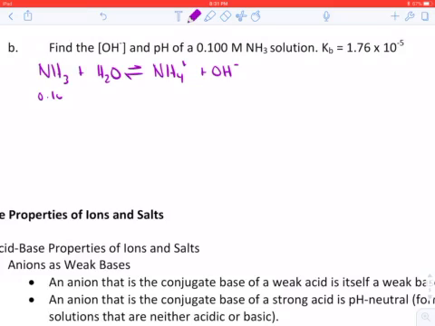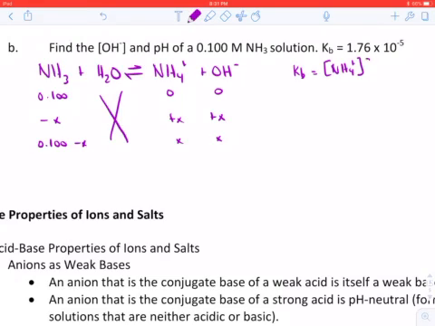If we write down our initial concentrations, we've got 0.100, nothing for water, 0, 0, minus X, plus X, plus X. And this will give us 0.100 minus X, that will be X, and that will be also X. If we write our equilibrium constant expression, Kb equals our concentration of NH4 plus times our concentration of OH minus over our concentration of NH3.